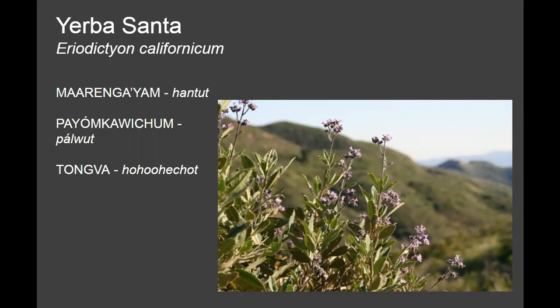Yerba Santa also has an amazing aromatic quality. They smell amazing, and they have beautiful purple flowers. If we were out on the trail and able to use our senses to experience this plant, this is one that would be really easy to identify just by touching, smelling, and even tasting.